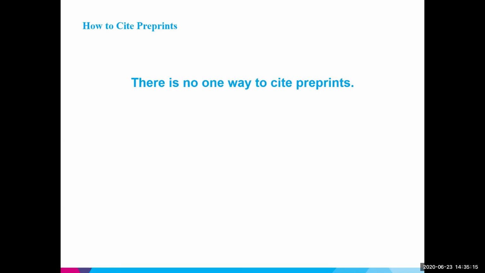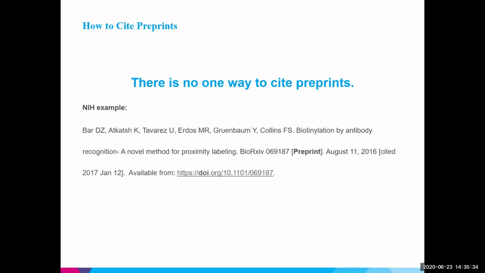Just as there are no standard definitions for preprints, there's no one way to cite preprints. However, the NIH, coming to the rescue again, has put out a memo where they have a template that they'd like people to use when they are submitting documents to them. So this is what that citation looks like.